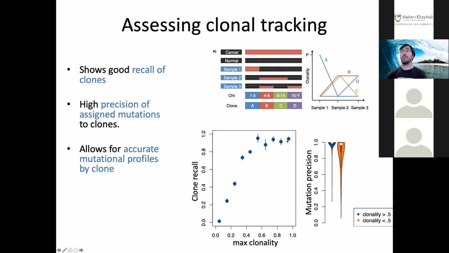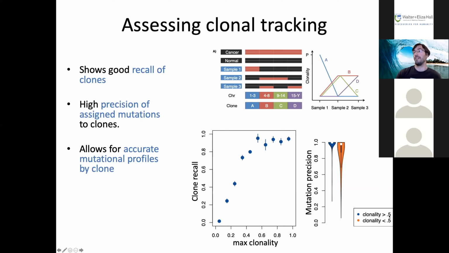And we can also see how good we are at extracting correct variants. So we know that clone A, for example, should have only variants from chromosome 1 to 3. So if there are any variants from the rest of the genome, we know that those are miscalled. Those variants don't belong in that clone. And we see that that happens very rarely.